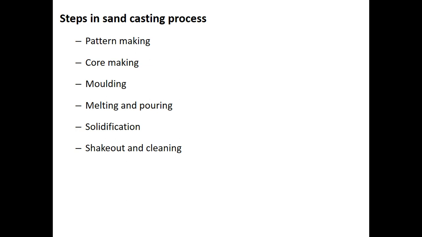During the cooling and solidification, the metal shrinks in size and acquires the solid structure. Next, shakeout and cleaning. When solidification is completed and the mold has cooled down to the ambient or room temperature, the casting is removed from the mold, and this process is called shakeout. You are shaking out the component from the sand mold.